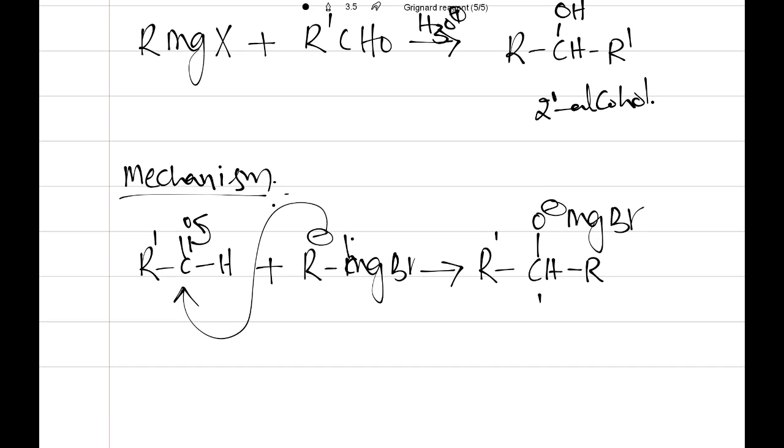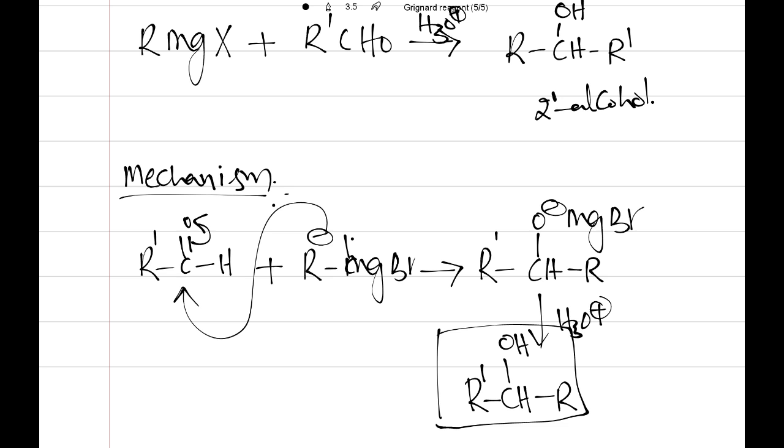After this, hydrolysis takes place, and we can get RCHOH, with R on one side and R dash on the other. So this is the secondary alcohol formation taking place.